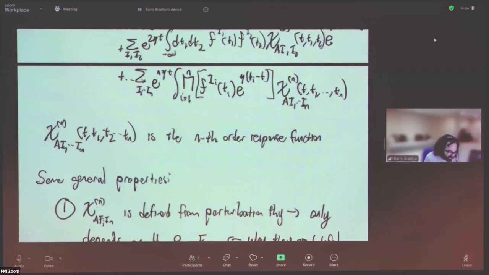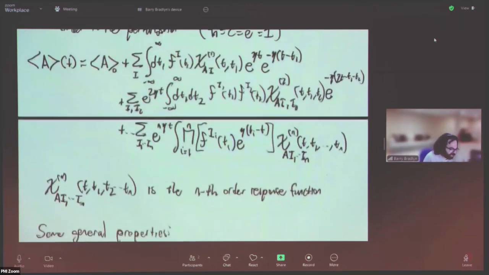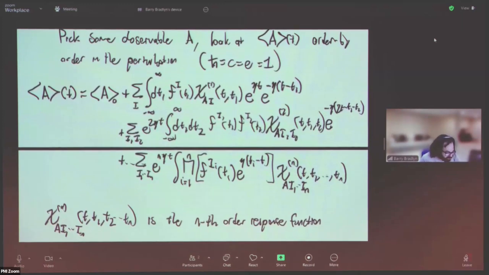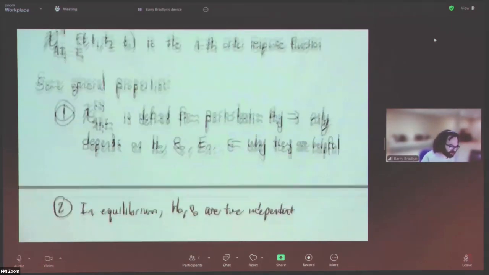Meaning that since chi n only depends on properties of the unperturbed system, which has time translation invariant symmetry, if we shift the time argument of all of our perturbations, so instead of applying our perturbation at some time t, we apply it at some time t plus tau, and then instead of measuring at time t, we measure at time t plus tau, nothing should change, because this function doesn't care whether the origin of time is at 0 or the origin of time is at tau.